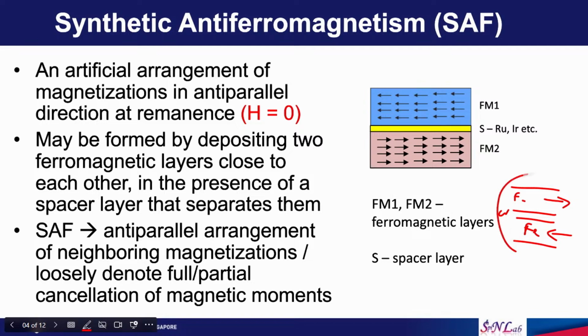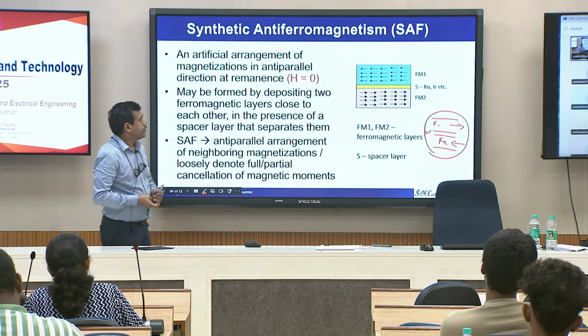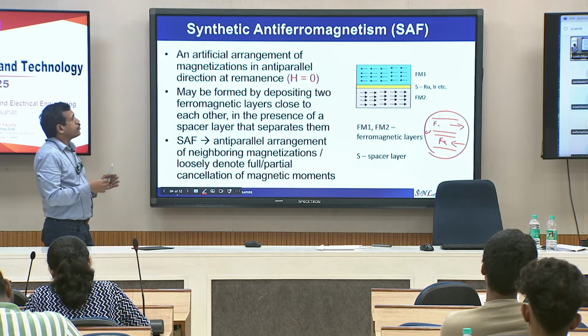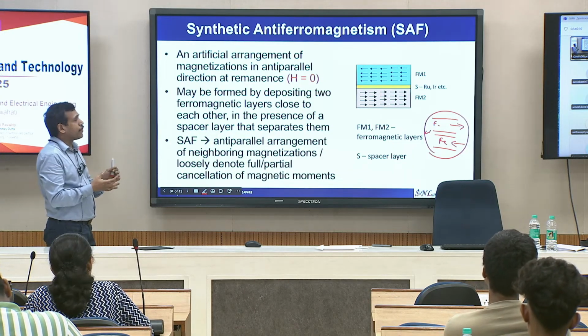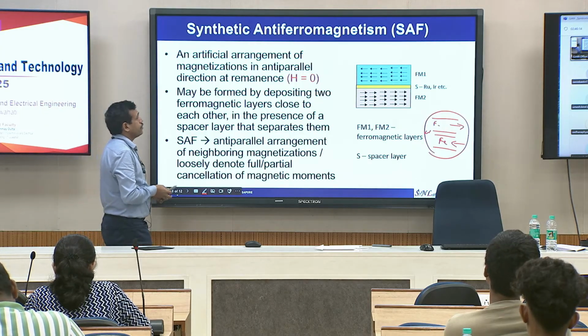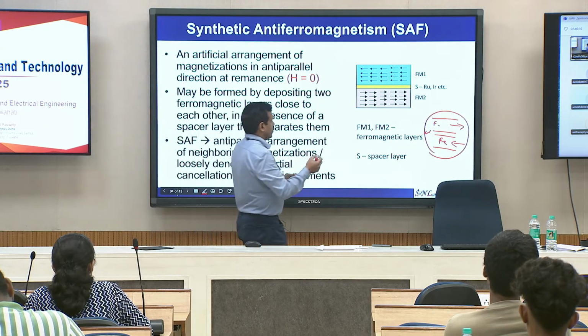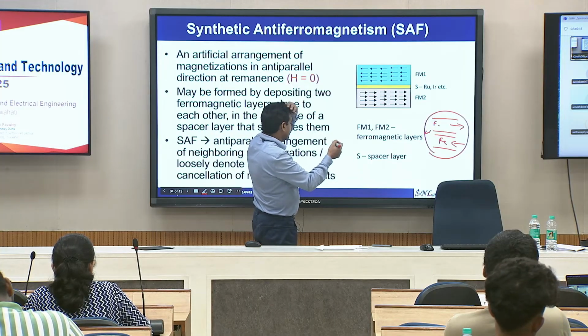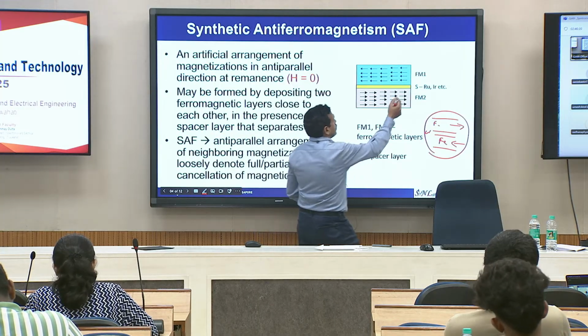Okay. So, when we are talking about synthetic antiferromagnetism, we are talking about two or more magnetizations in antiparallel direction. Okay. So, this is different from antiferromagnetism.